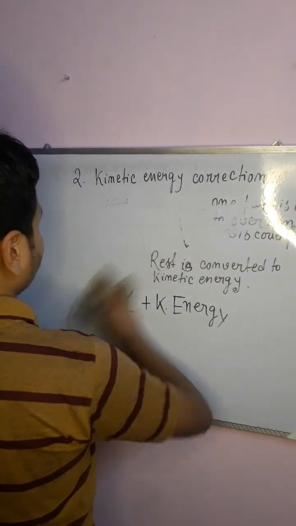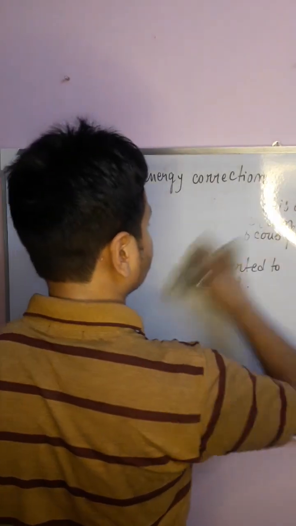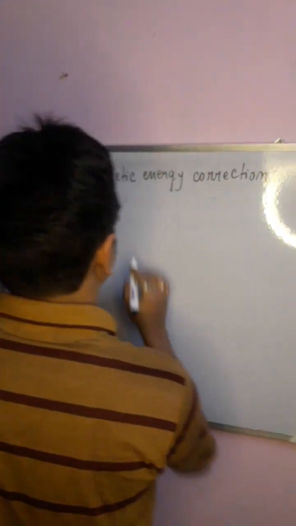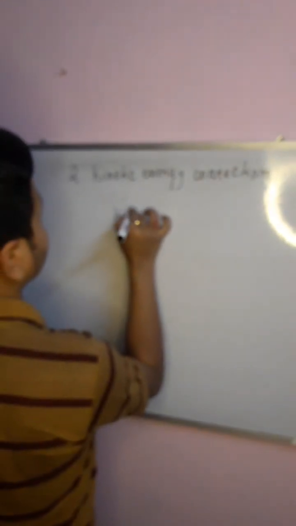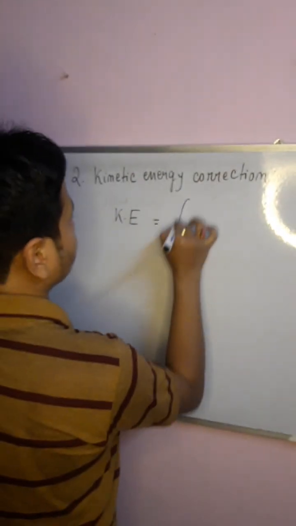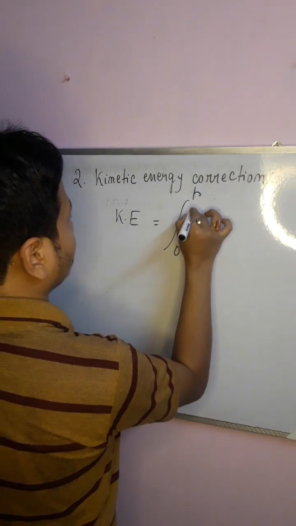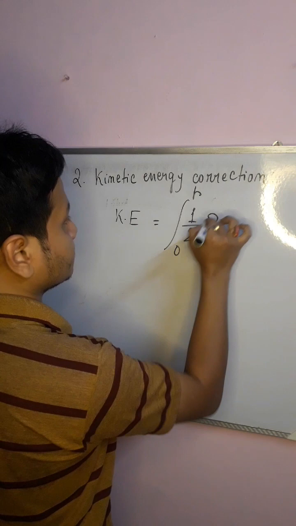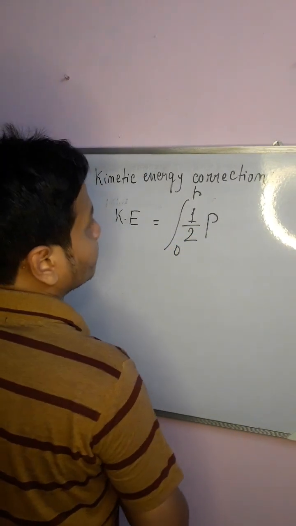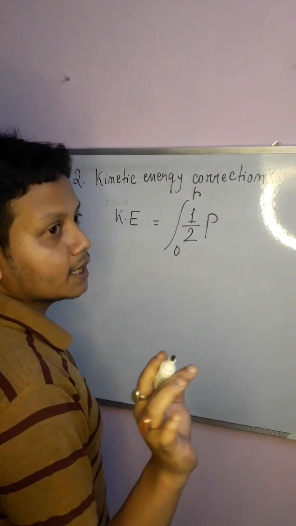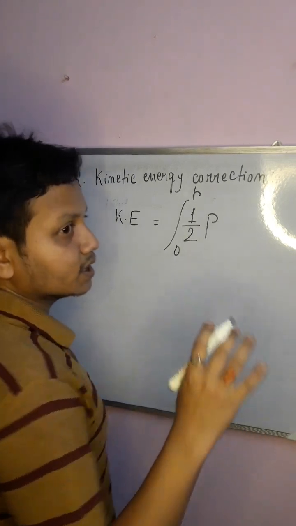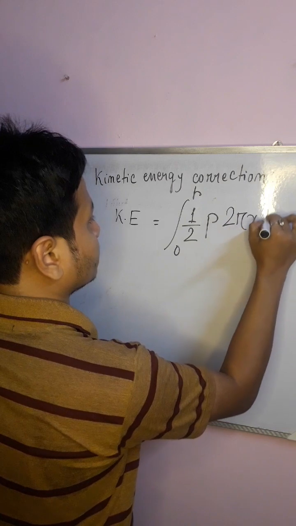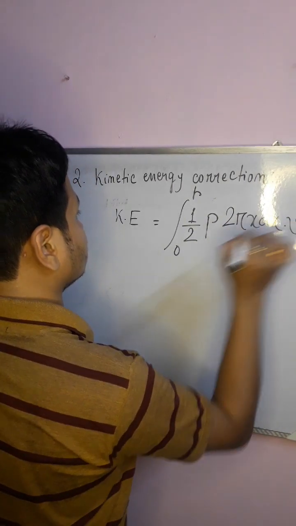So what would be the kinetic energy of the liquid? That we have to calculate. The kinetic energy of the liquid will be half mv square within 0 to r. What is m? That means density into volume. The density is rho, and what is volume? Area into velocity. That means the area of the elementary annular zone between the cylinders of radius x and x plus dx, that is 2 pi x dx, into velocity.